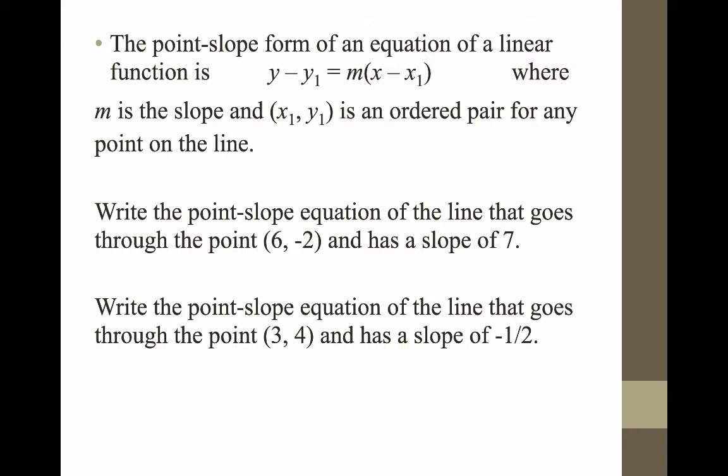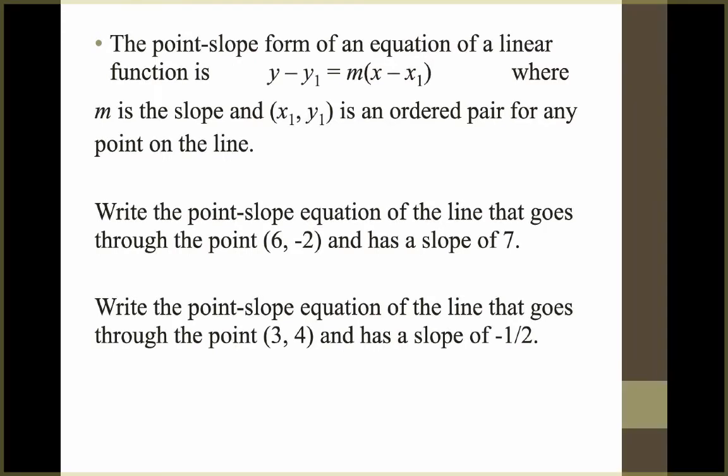One of those things people have a lot of trouble understanding is where this comes from, but the point-slope form of an equation is actually derived from something we've already used. If you recall, when we did slope, m, our slope, was a y coordinate minus a y coordinate over an x coordinate minus an x coordinate.